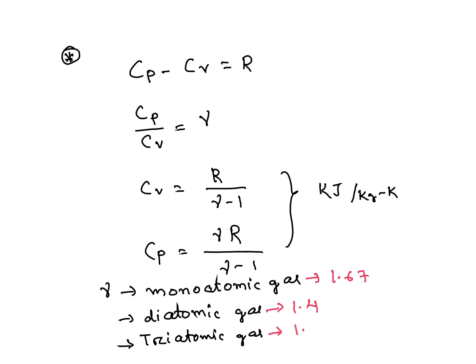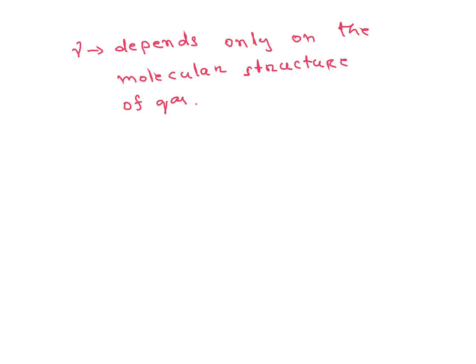These values also you have to remember. Two times or three times they asked. Gamma minimum value is 1 and maximum value is 1.67 for monoatomic gases. Gamma depends only on the molecular structure of the gas.